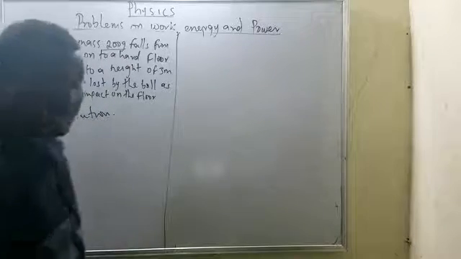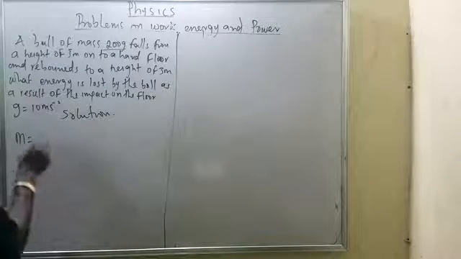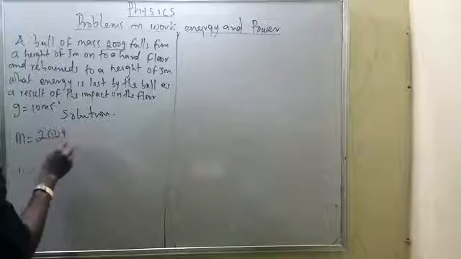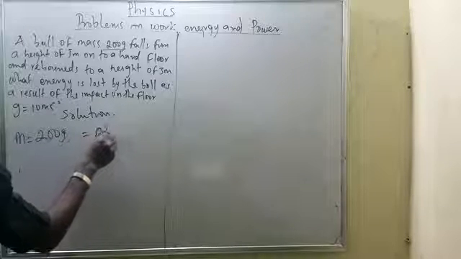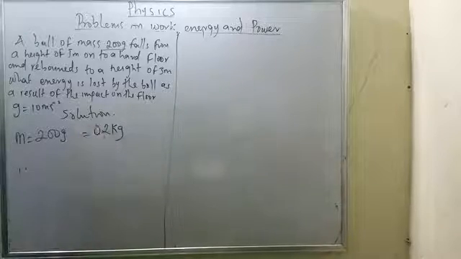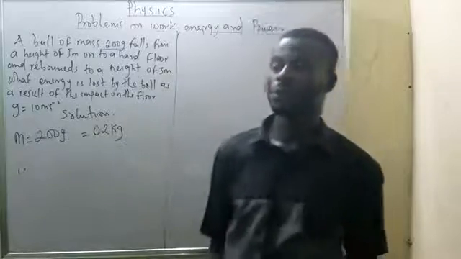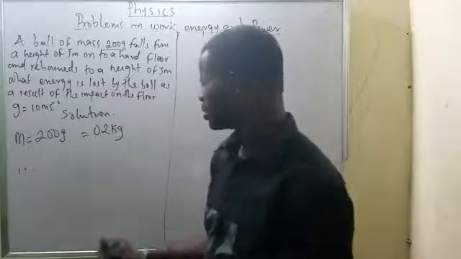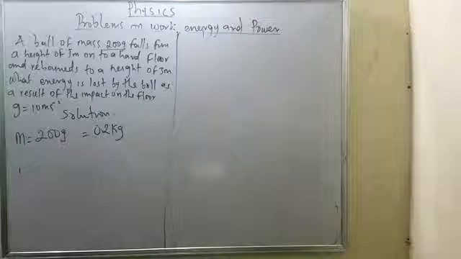Because it's in gram, and it must be in kilogram. Now it means 200 grams will be converted to 0.2 kilogram. Please take note of that. We all know that 1,000 grams make 1 kilogram. That's what I just did there. It's already converted.